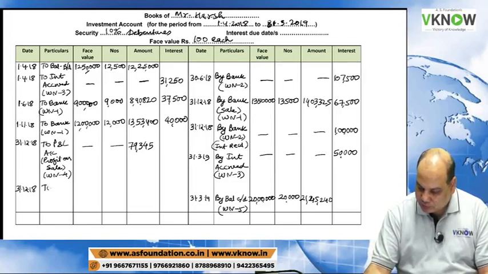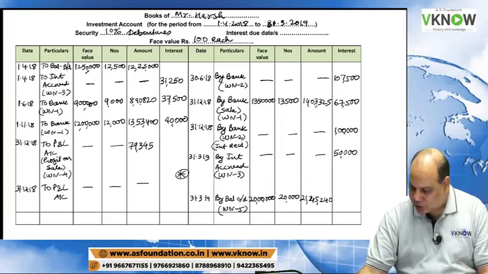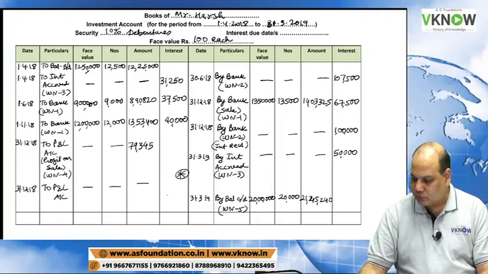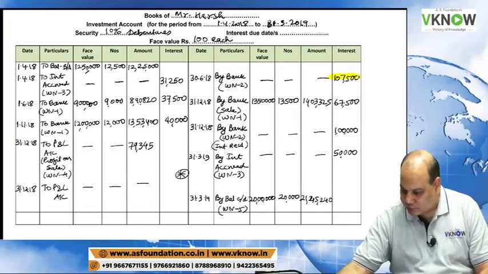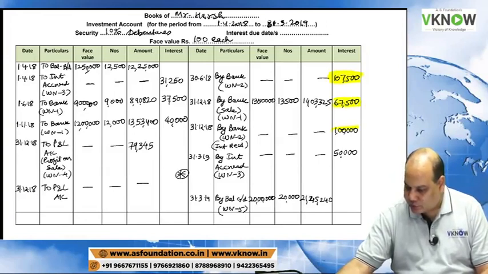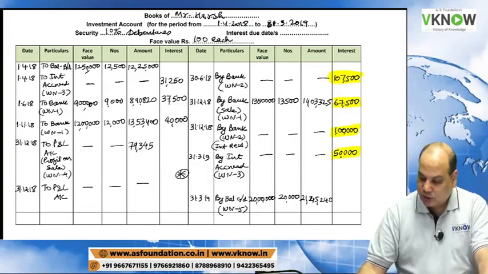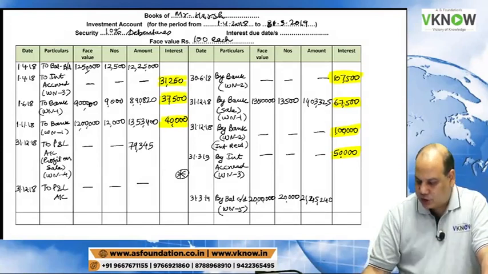And then write on the debit side 31/12/18 to P&L account. This interest you have to transfer to P&L account. So first you take the credit side interest total on the screen: add 1,07,500, 67,500, 1 lakh and 50,000, minus 31,250, 37,500 and 40,000.